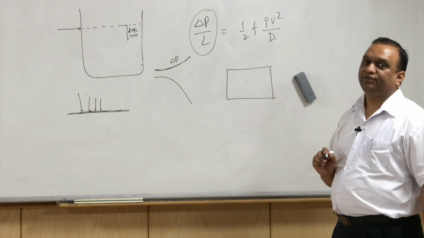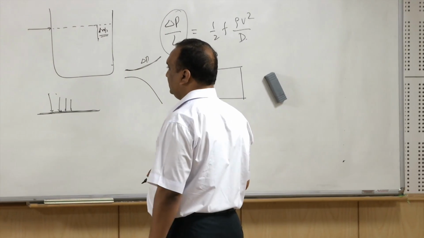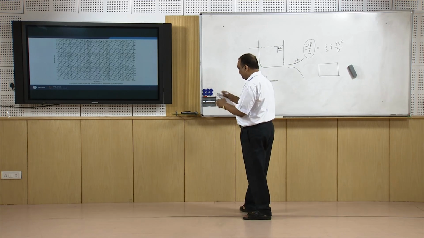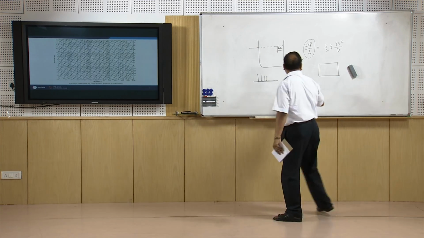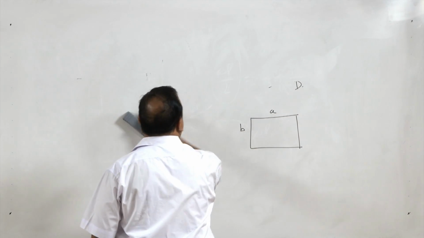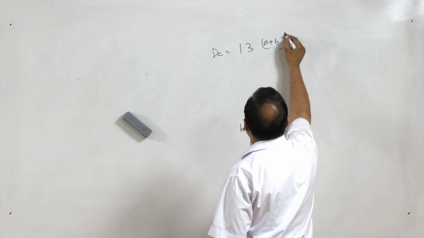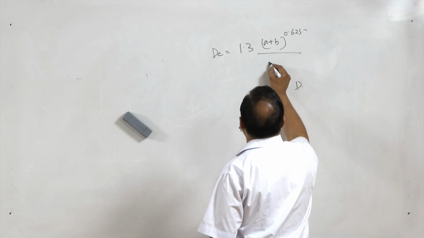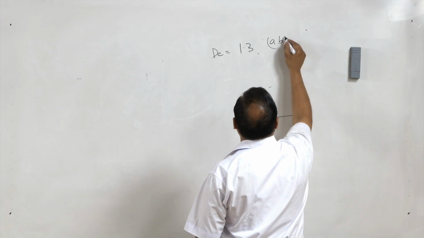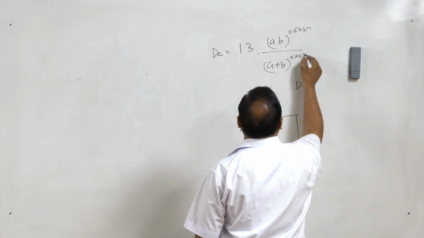For those rectangular ducts, this chart is only for circular ducts, so suppose the sides are A and B. For a rectangular duct, the equivalent diameter is going to be 1.3 times (AB) raised to power 0.625 divided by (A plus B) raised to power 0.25.